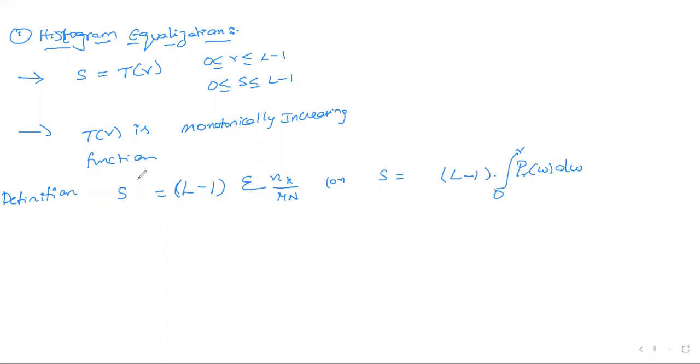This is the definition of histogram equalization. The first is for discrete values, this is for a continuous image. Now for this we have to define the probability density function, PDF. The probability density function of the enhanced image is given like this: ps of s equals pr of r into dr by ds. From this you have to derive the density function.